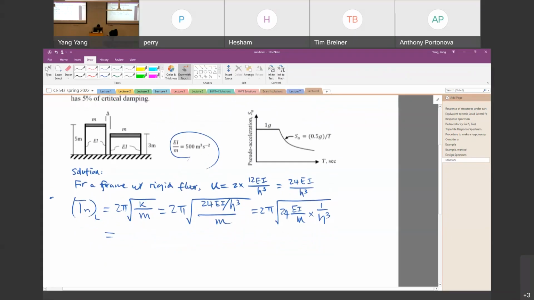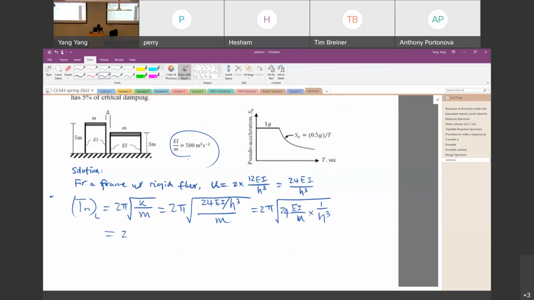It's equal to 2 pi times the square root of 24 over 500.